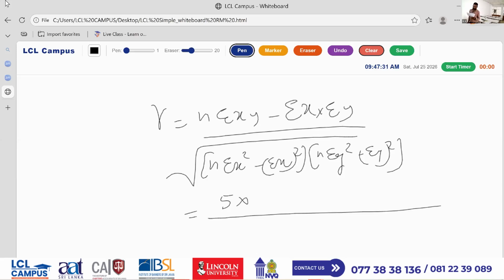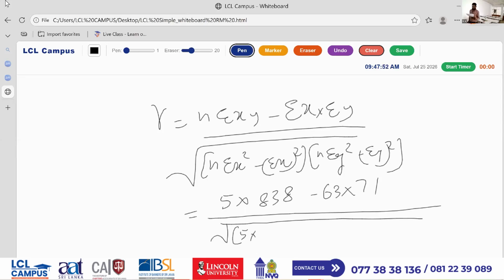Sigma xy is given as 838, minus sigma x given 63, into sigma y given 71. Square root.